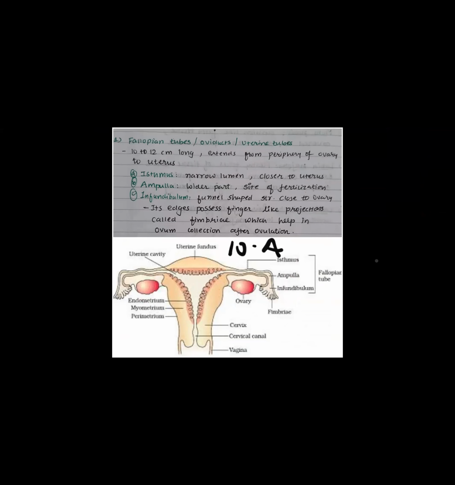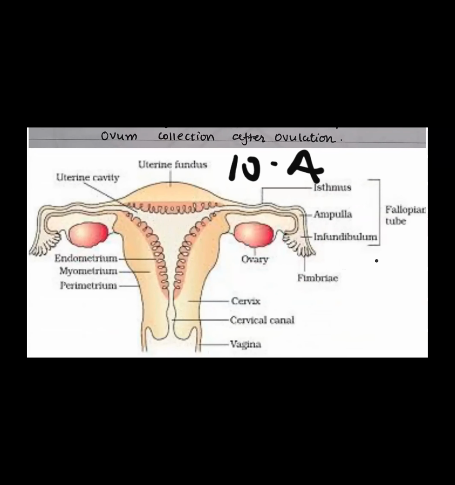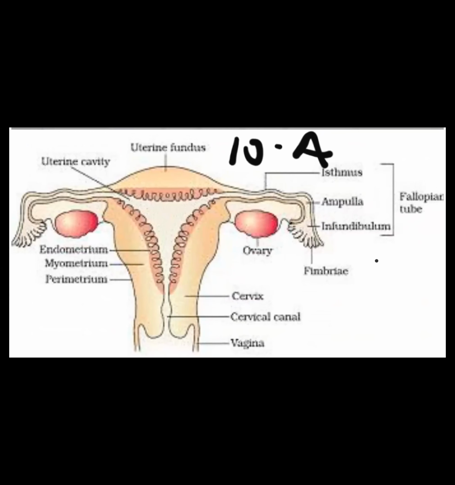Well, this was the profile of fallopian tubes. Do you understand? Any question on this part? Well, no one is raising any questions, so we can revise it straight away.